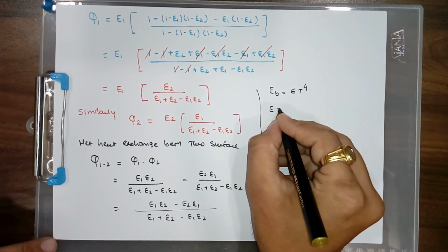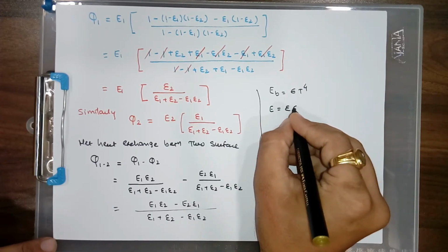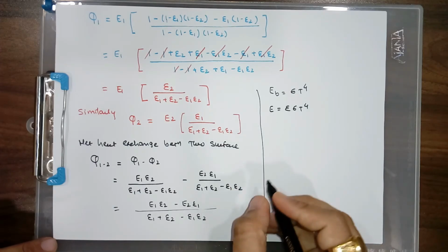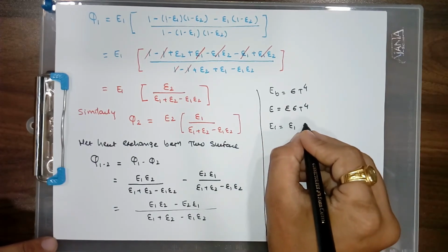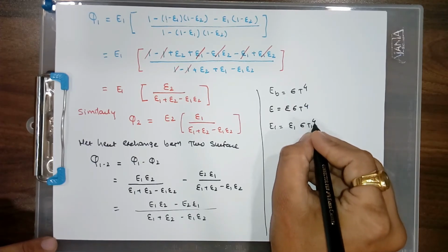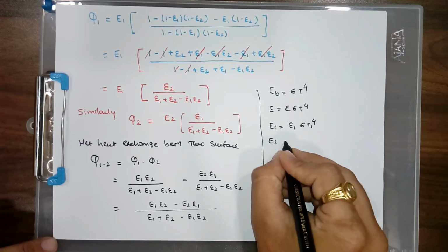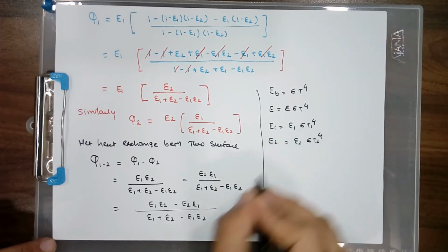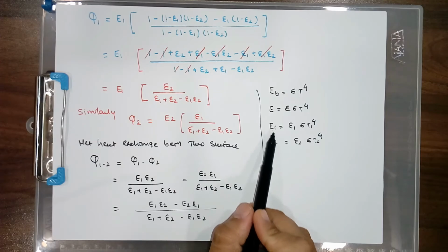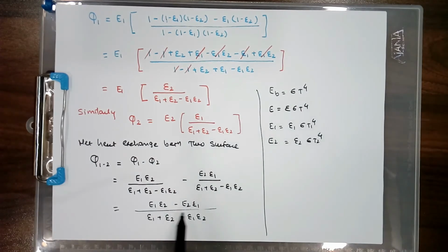So for non-black surfaces it becomes ε into sigma into T to the power 4. So for E1 it becomes ε1 sigma T1 to the power 4, and for E2 it becomes ε2 sigma T2 to the power 4. Now we put the values of E1 and E2 in these expressions.